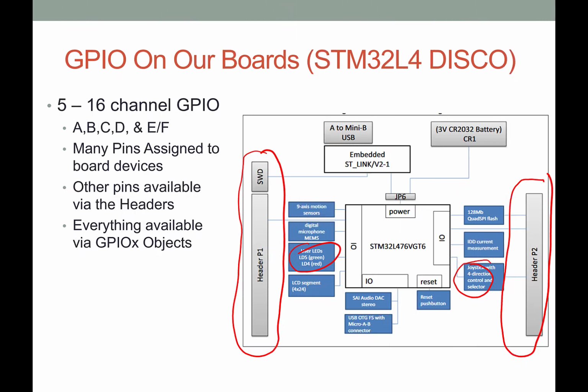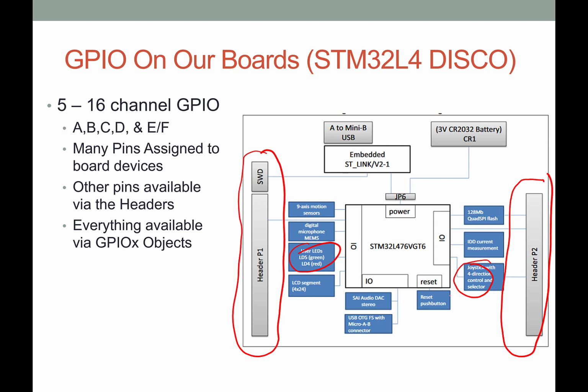Okay, so we have the header pins on both sides of our board. We have the green and red pins that are accessible and tied actually to the ARM chip. We also have the joystick and center button that is tied to the chip.